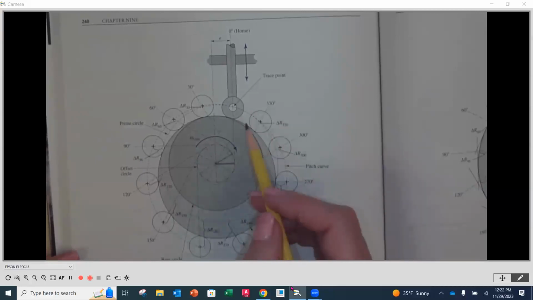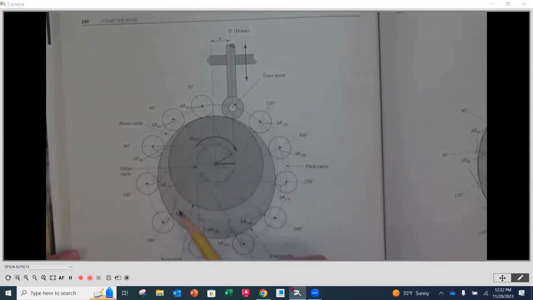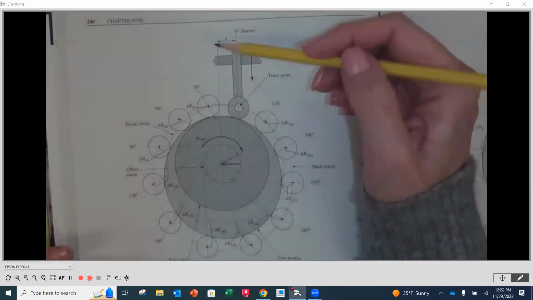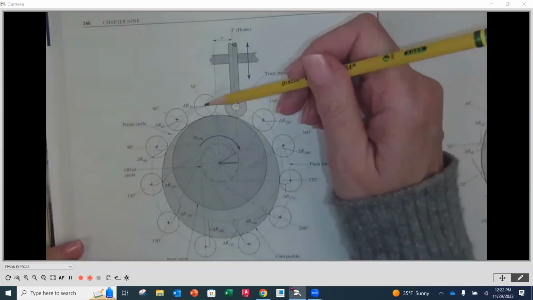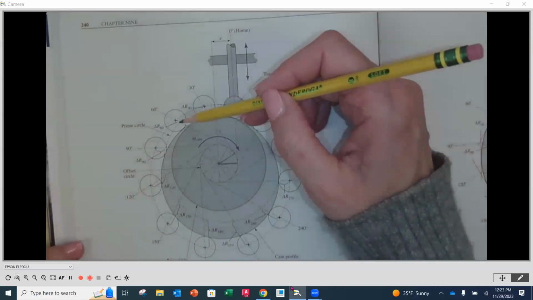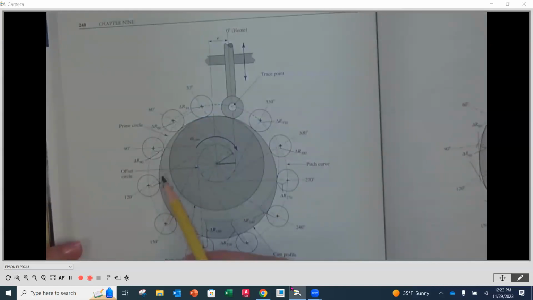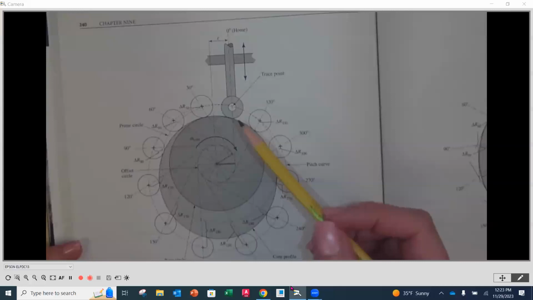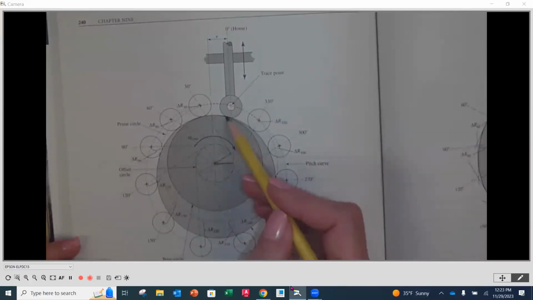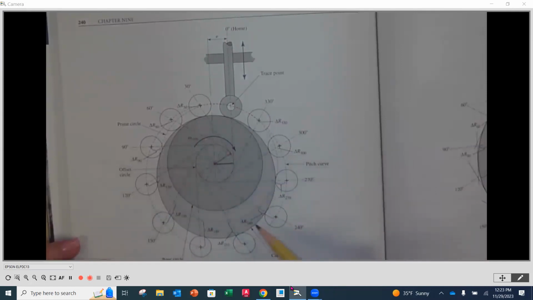And then you're going to have that same prime circle going all the way around. Off of that prime circle, along your angle, you are going to have the distance corresponding to the angle on the displacement diagram. And as you get your roller in the new positions all the way around, your cam profile will be tangent, tangent, tangent, tangent to each one of those on a spline. Okay, so this is an offset roller.